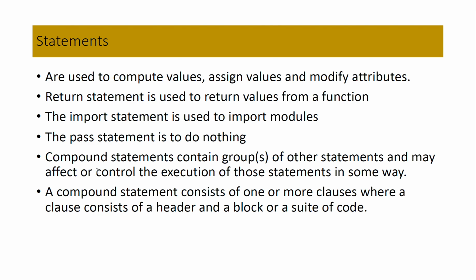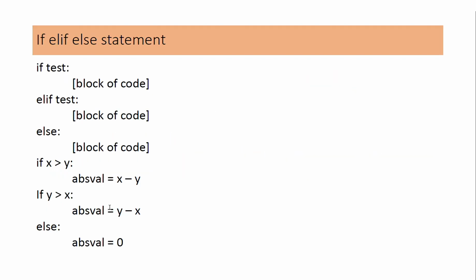Compound statements contain groups of other statements and may affect or control the execution of those statements in some way. A compound statement consists of one or more clauses, where a clause consists of a header and a block or suite of code. For an if statement: if test, block of code.